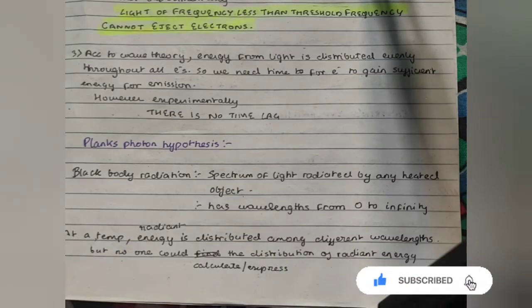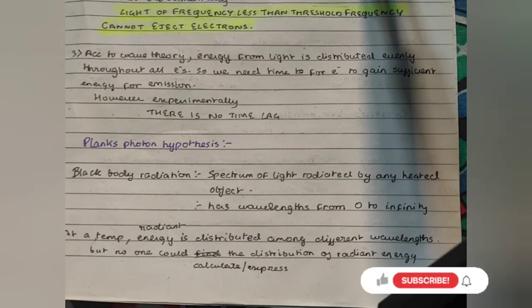Now we go to Planck's photon hypothesis. For this we will need to know what black body radiation is. Black body radiation is the spectrum of light radiated by any heated object. And all the radiations can have wavelengths varying from 0 to infinity.